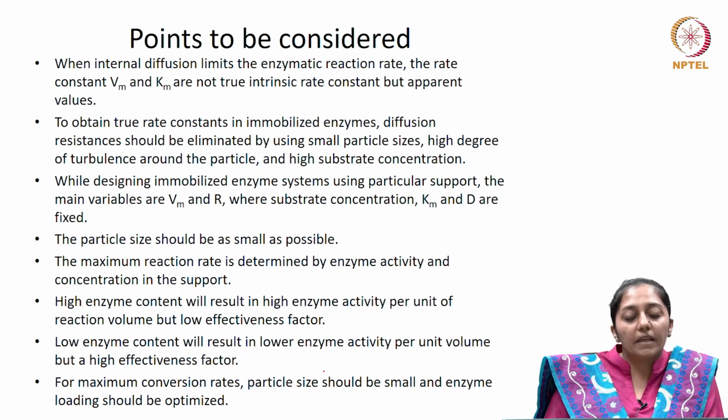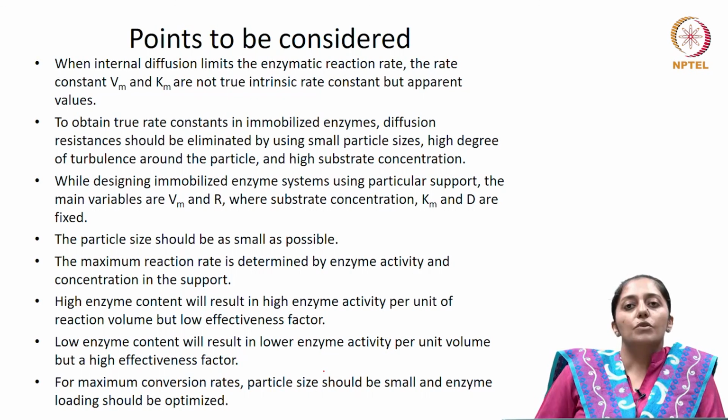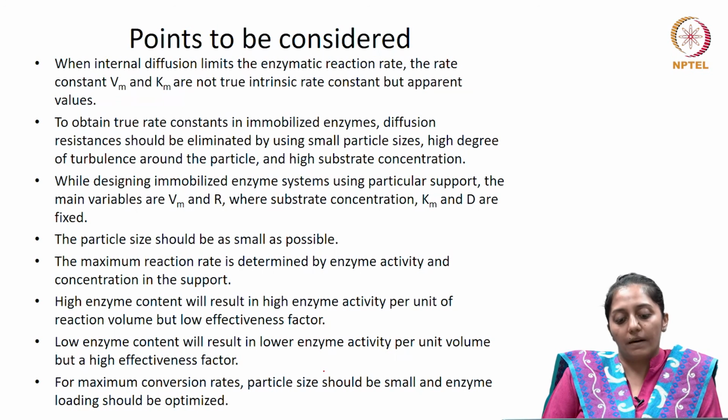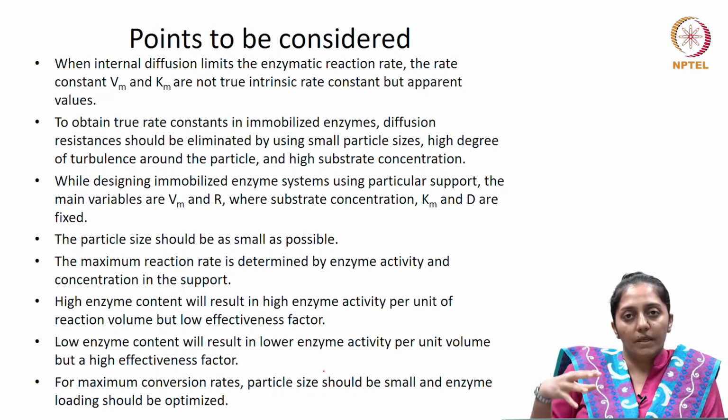So, the maximum reaction rate is determined by enzyme activity and the concentration inside the support. So, high enzyme content will result in high enzyme activity per unit of the reaction volume. However, this will lead to low effectiveness factors because all the substrate will quickly get consumed near the surface.